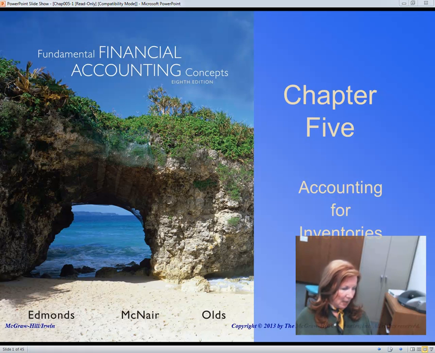And of course you'd have the same beginning inventory. So now you have to make these calculations using the last in, which would be August, the next in, which would be March, and the last ones that you would sell at all would be your beginning inventory. So these calculations are done in reverse.